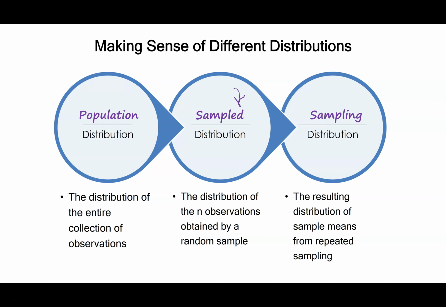Once again, in order to actually access that, we would need access to the entire population. So it's one of those things where we know we have this relationship between these various ones, and we're going to count on, hopefully, having a good sample.